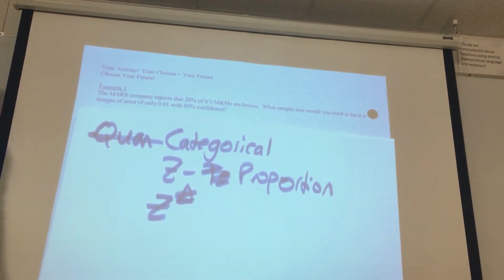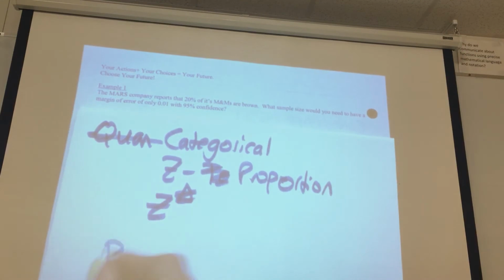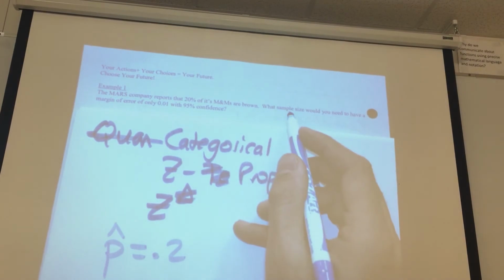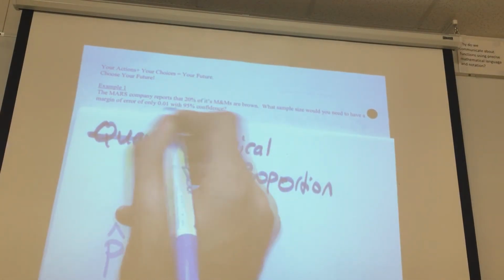The Mars company reports that 20%, so the p hat, so 0.2, and assume that's what we get from the sample. And they're asking us what sample size would we need to have a margin of error equal to 0.01.